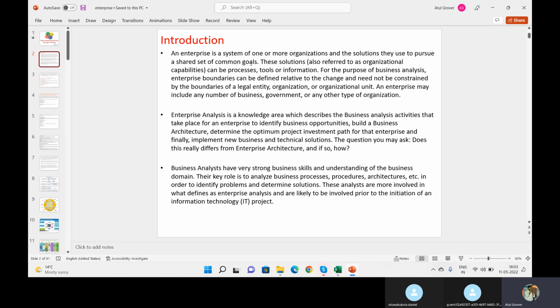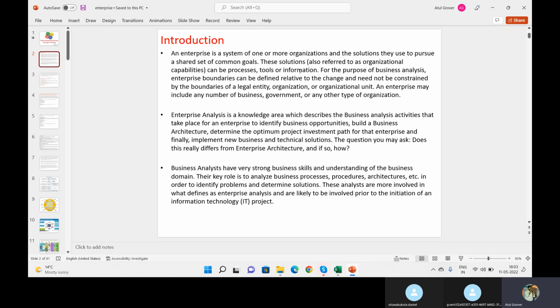Maybe we can say definitely earning money is one of them. I can say that making the environment good is another goal which an enterprise or organization has. This solution can be a process, tool, or information.